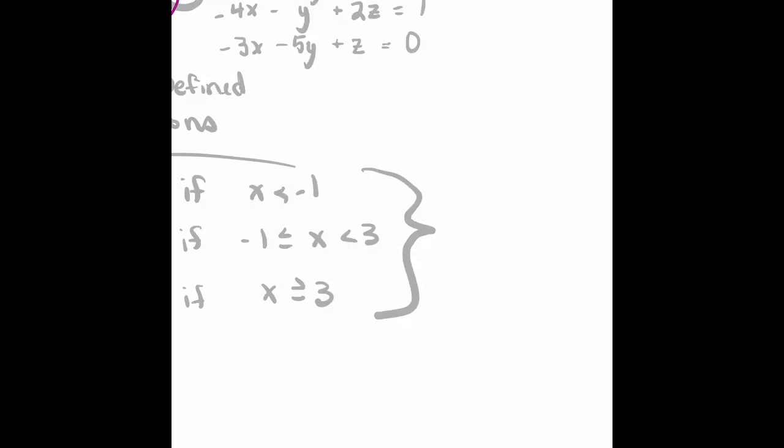There's a couple options where I could start. It wouldn't be too bad to start with trying to cancel my y's, but you have to multiply. So my reasonable option seems to go with row 1, row 2, row 3, and start with row 1 and row 2 to get rid of my z's again.